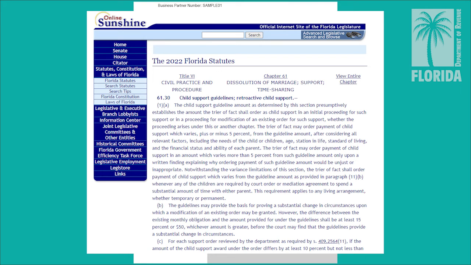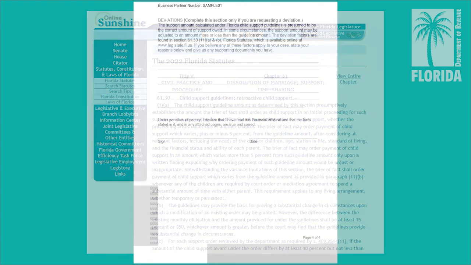The purpose of these guidelines is to provide consistency and fairness to parents while addressing the children's basic needs. Child support obligations are calculated using the minimum monthly support need and percentage share of support and adjusting that amount based on expenses, credits, or deviations as required by the guidelines. Find a link to this statute in the video description below and at the end of this video.